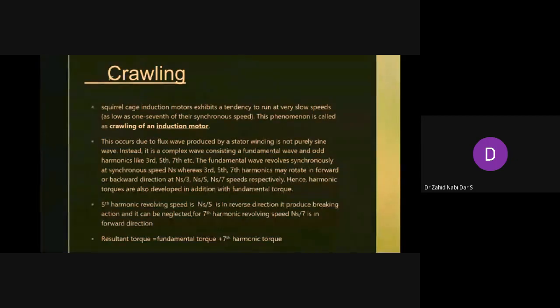They occur at the same time in addition to the fundamental torque. And we are neglecting the third harmonic. Why? Because the flux waves of all three phases are in the same space phase but differ in time phase by 120 degrees, and they neutralize each other. The third harmonics neutralize each other, so we are not considering that.